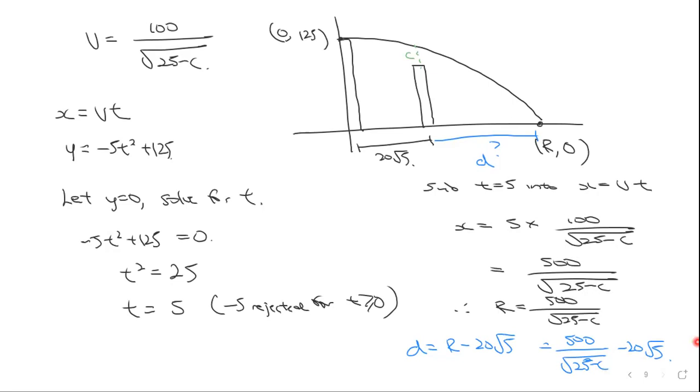Part 5 says, determine the vertical component of the velocity of the projectile when it strikes the ground. So this is actually a pretty simple question, but it relies on you knowing how to do it, and many people forget how to do vertical components of velocity. So remember y equals negative 5t squared plus 125, and we know it strikes the ground at t equals 5.